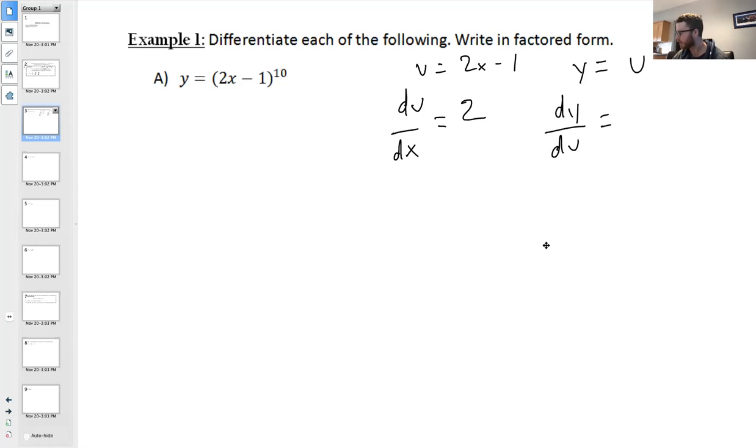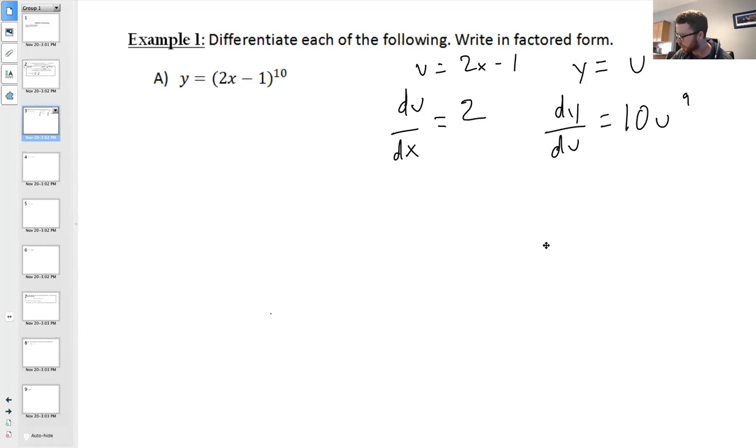So the derivative of y with respect to u, we apply the power rule to u to the 10. It'll be 10u, and then subtract 1 from the exponent, so 10u to the 9. Hopefully that makes sense to you guys.